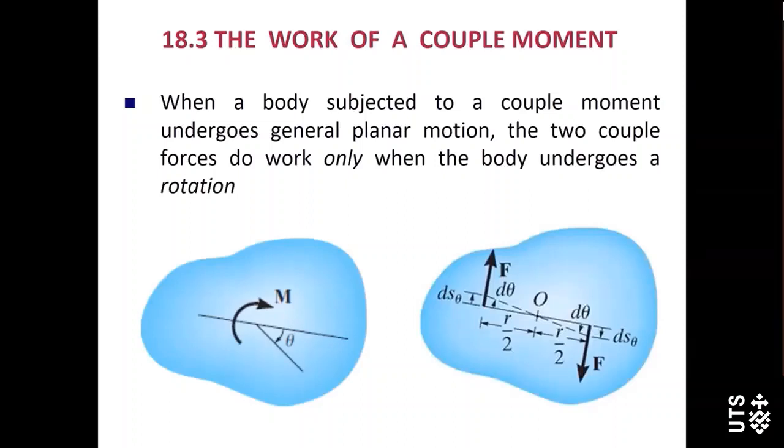Next, the work done by a couple moment. When a rigid body subjected to a couple moment M undergoes general plane motion, the two couple forces can do work only when the body undergoes a rotation.